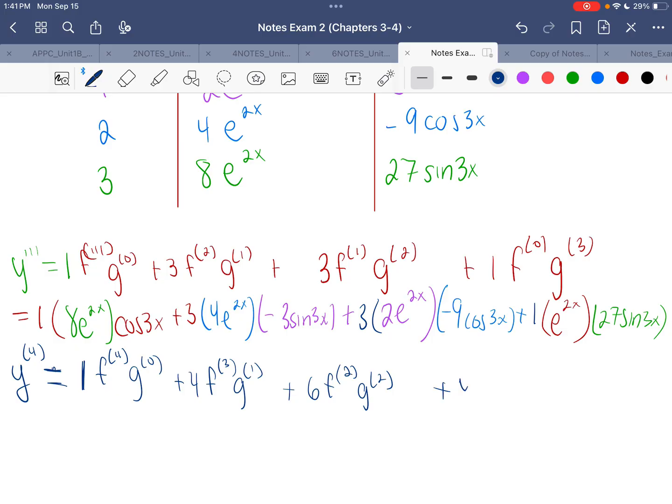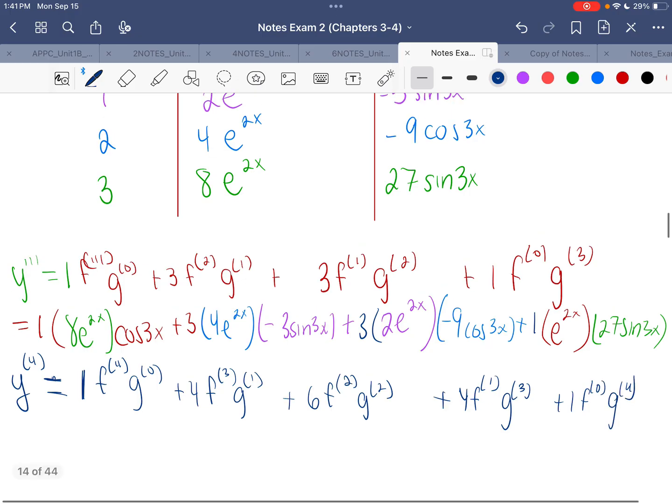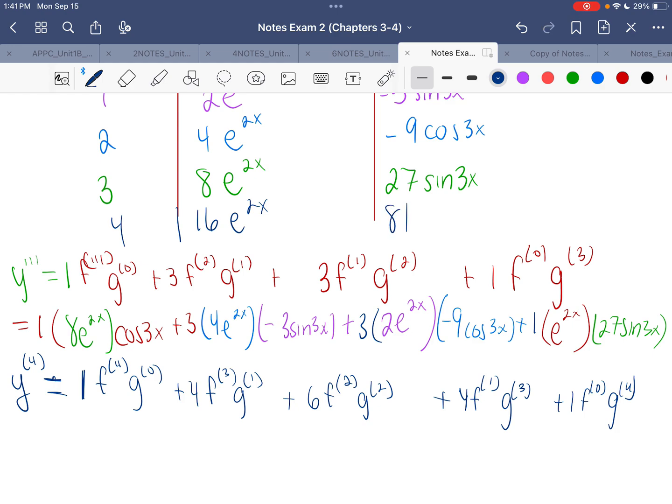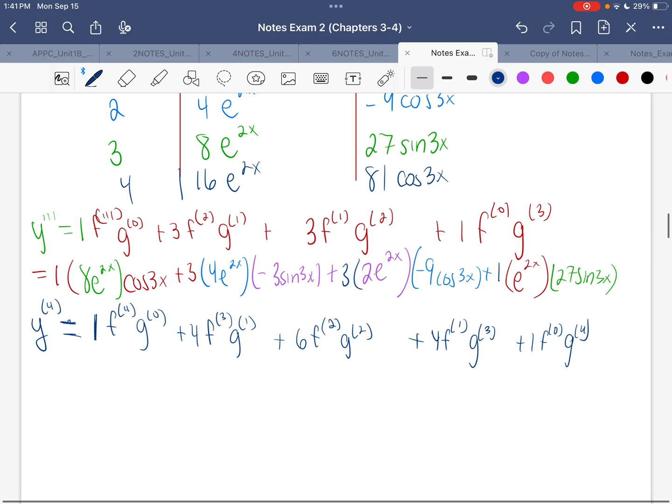The level of derivative should always add up between the f and the g to whatever level of derivative we're trying to do. Okay, doing the fourth derivative, we got 16e to the 2x plus 81 cosine 3x.